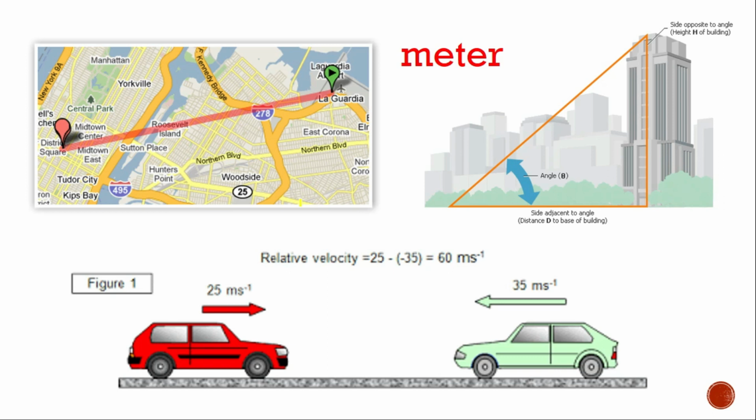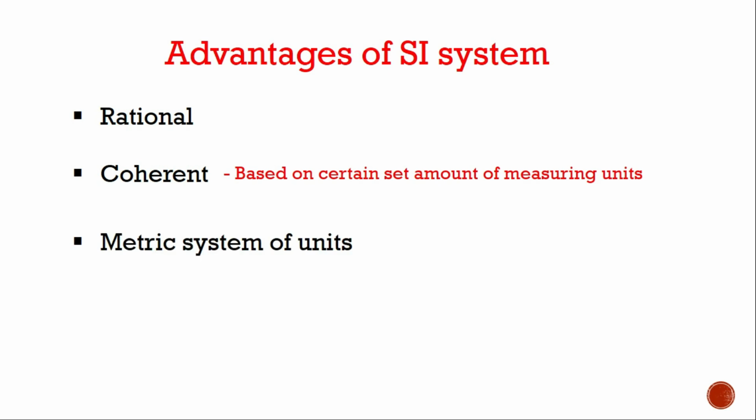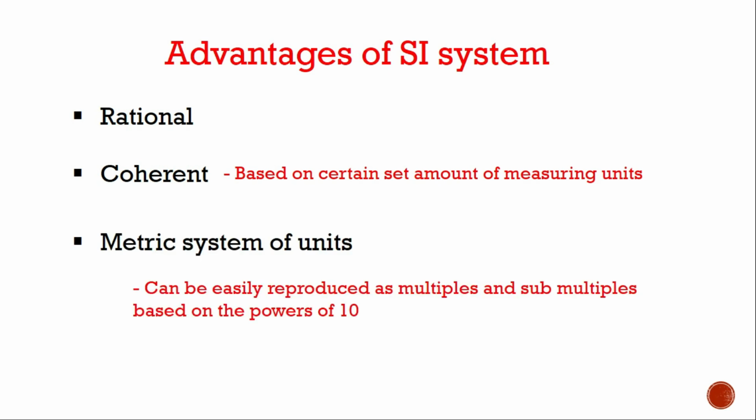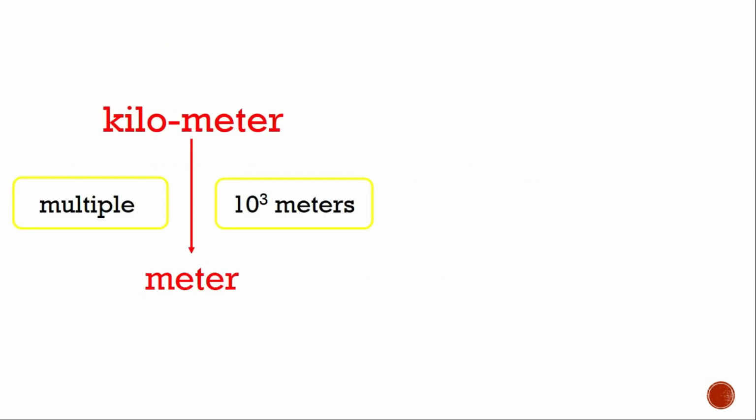त्यस्तै इसको अर्को एडवांटेज हो that this is a metric system of units and can be easily reproduced as multiples and submultiples based on the power of 10. Like kilometer is a multiple of meter, which is equal to 10 to the power 3 meters. Yeah, 1000 meters you can say.